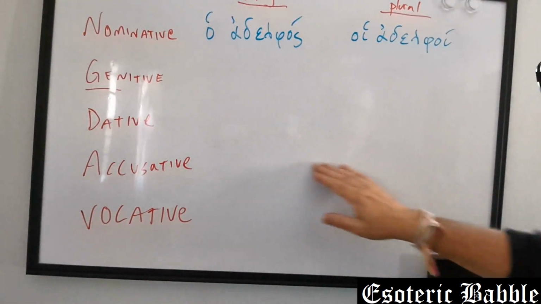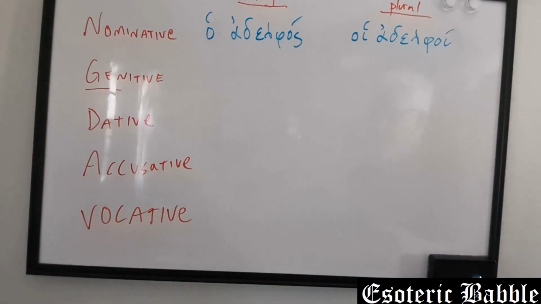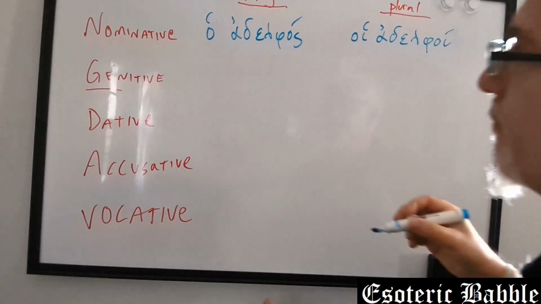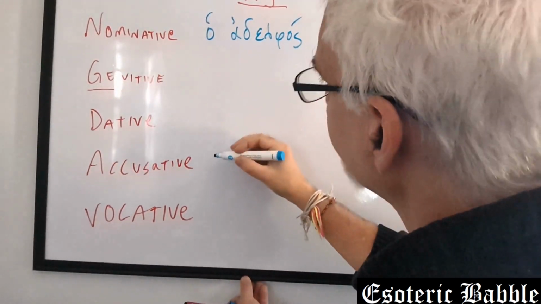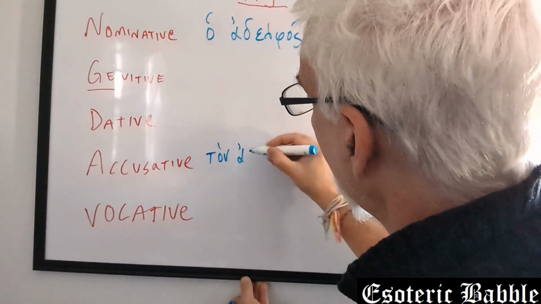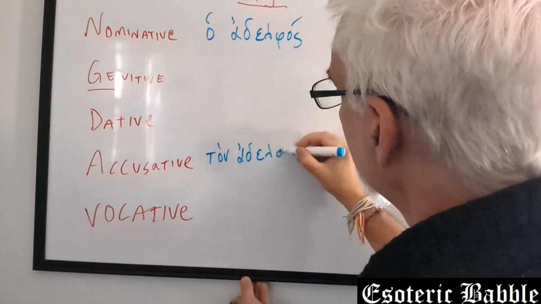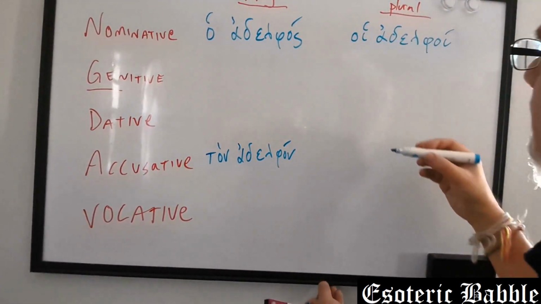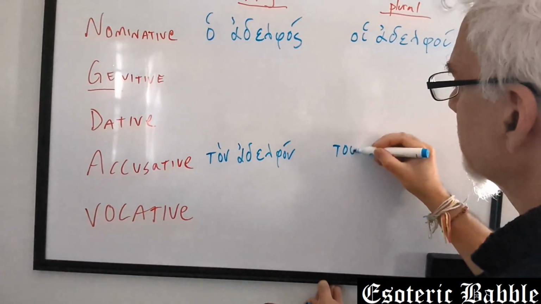We're going to look at the accusative case. Now, we'll tackle the other cases in future videos. The accusative case here, ton adelphon, would be the singular, the plural, tous.